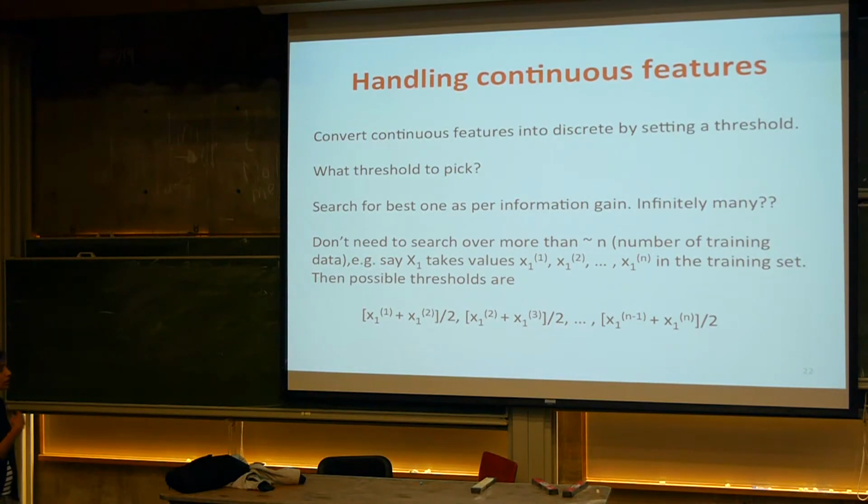So you have to do the information gain calculation not only for every feature, but for different values of that feature. But for each feature, you only need to use no more than n values or thresholds. Is that clear? So that's how you would handle continuous features.